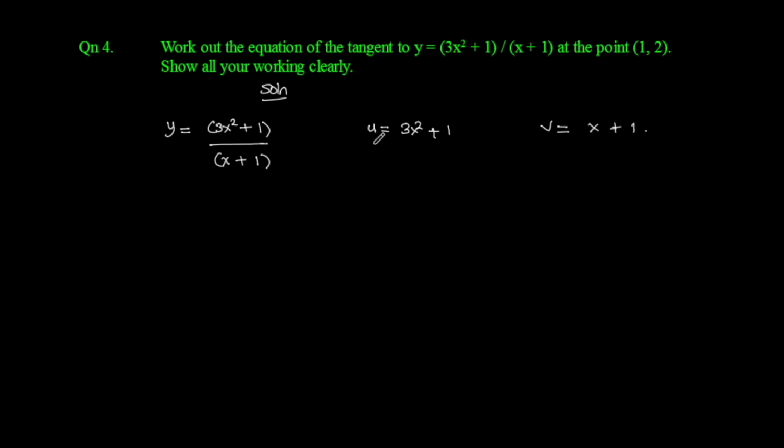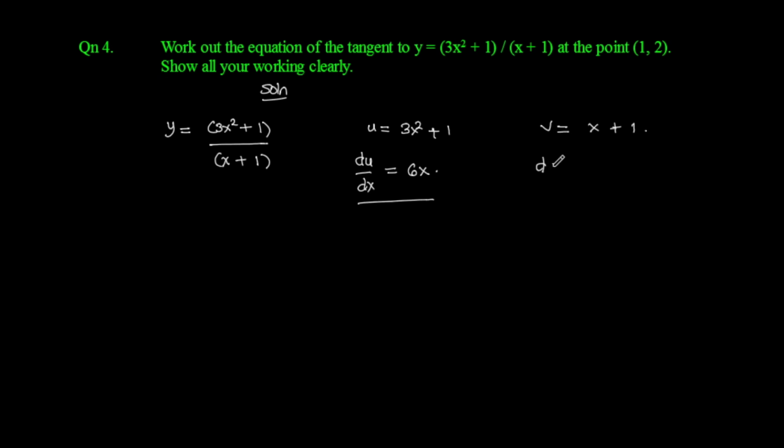Now we can differentiate u with respect to x, whereby du by dx equals the derivative of the first term here, which is 6x, and the derivative of a constant is 0. So let's also differentiate v with respect to x.